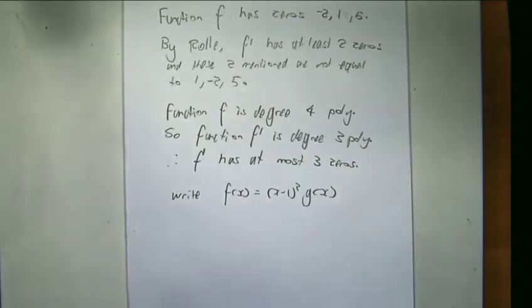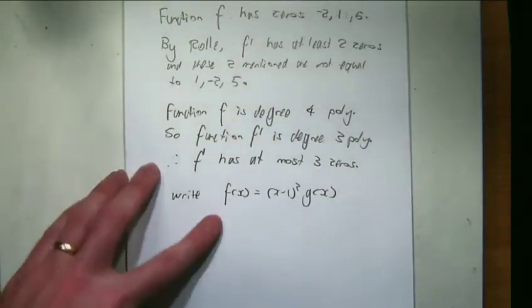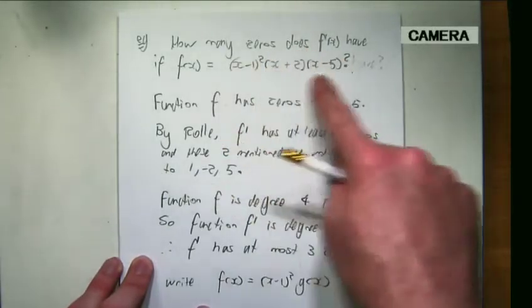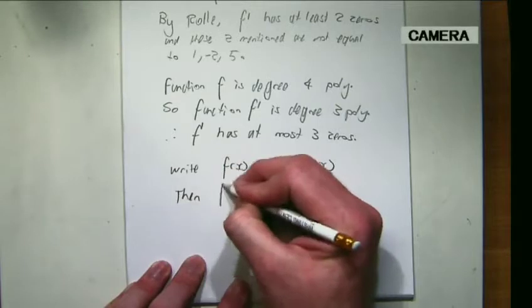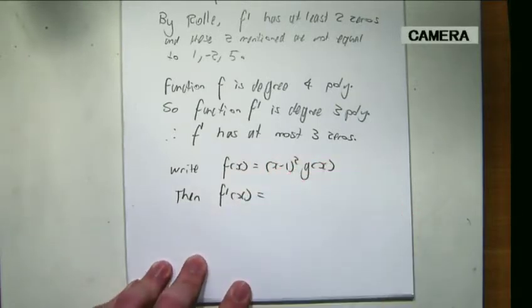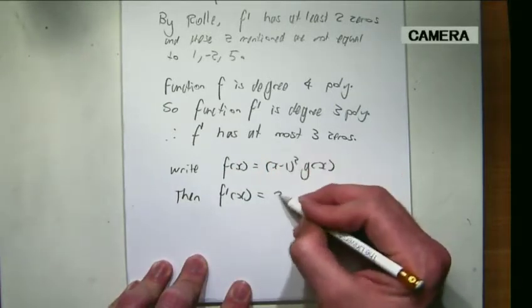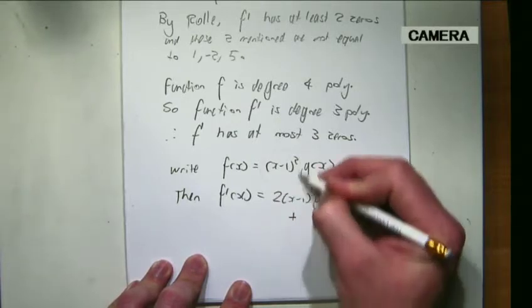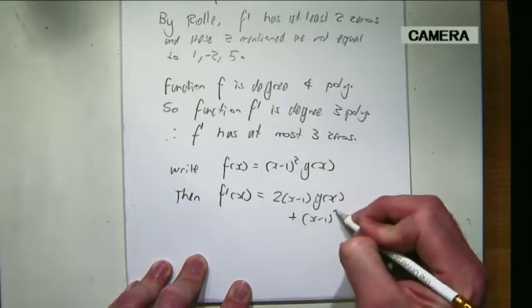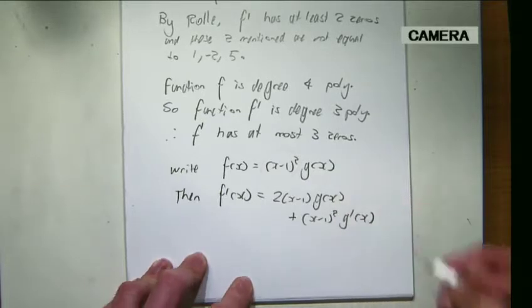Let's write f(x) as (x minus 1) squared times g of x. So that g of x is all of this stuff here. Then f dash x, using the product rule, I'll differentiate this bit, which will give me 2(x minus 1), and I'll keep the g of x. And then I'll keep that bit, and I'll differentiate the g of x.